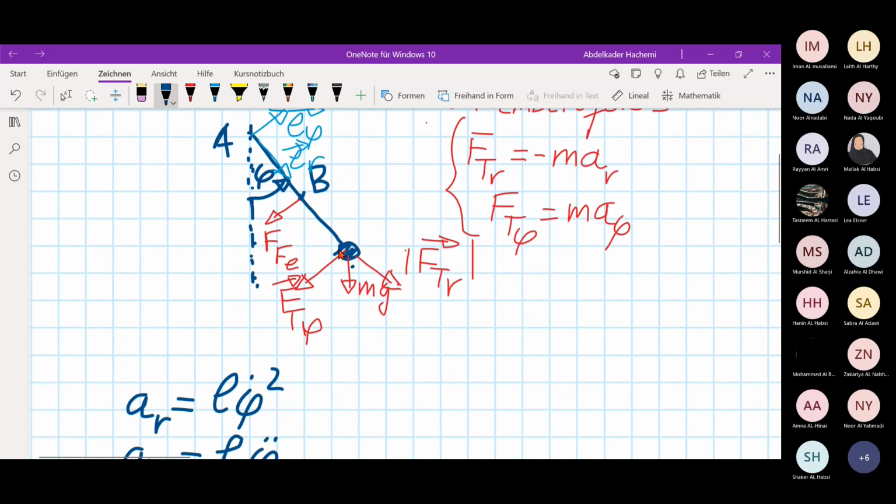Then if we look at the mass here, the length of the rod is L to the origin of the coordinate system.